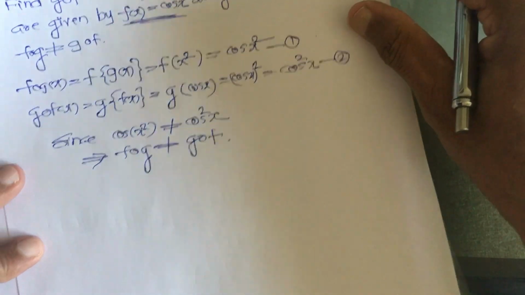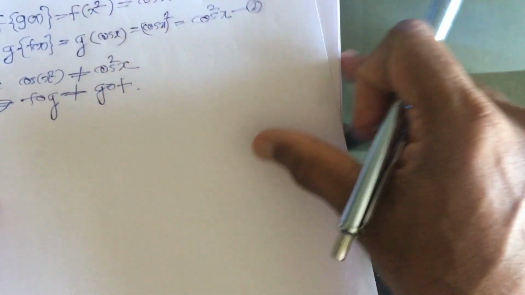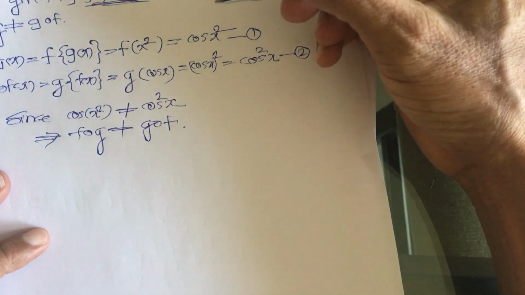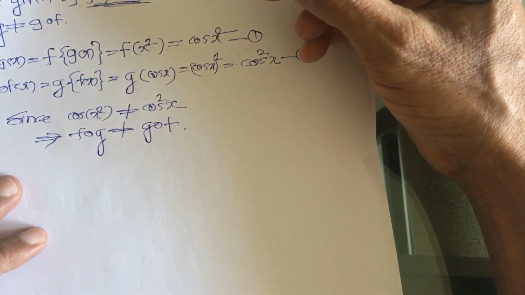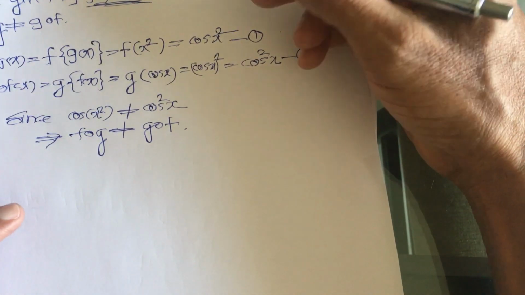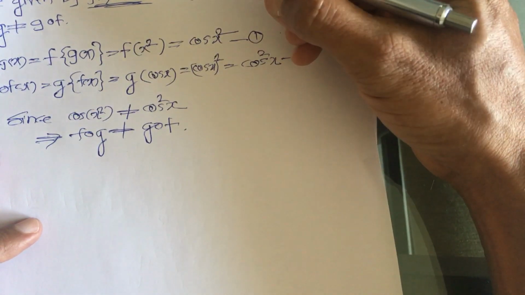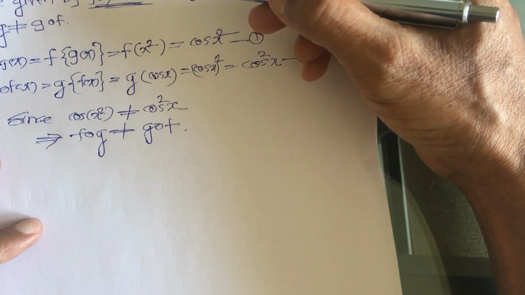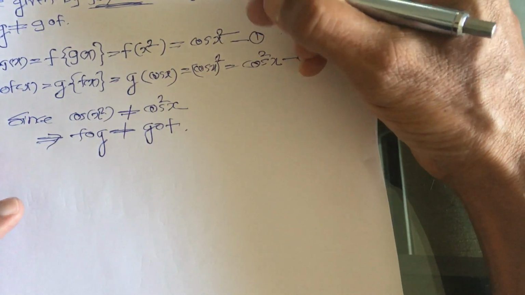So, this is the last example of this composite function. We have completed this composite function. The next part of that chapter is inverse function, and in the next session we shall discuss inverse function, on which you get one question for 5 marks, the first question in part D, the 39th question, which carries 5 marks.